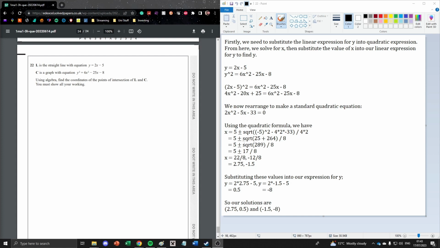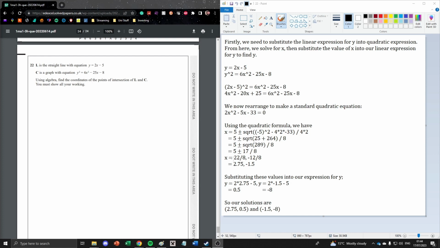So 5 plus or minus the square root, obviously, minus 5 squared, 25. Minus 4 times 2 times 33 is 264. And of course, 4 times 2 is 8. Cleaning up a bit more, 5 plus or minus the square root of 25 plus 264, that's 289, divided by 8. 289 is 17 squared, so we're going to get 5 plus or minus 17 divided by 8.